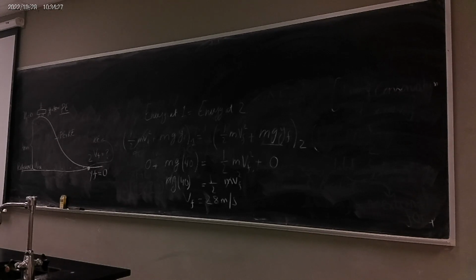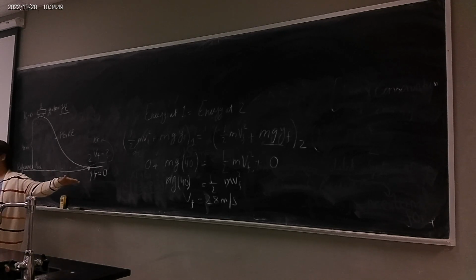However, we know that when the roller coaster moves, there will be friction. We have ignored friction in this particular problem, but if there is friction, the energy goes into the air. So there will be some work done against the non-conservative forces. If we start considering them, we may not end up getting the same answer that we are getting here.